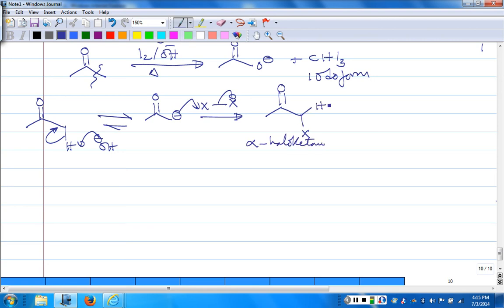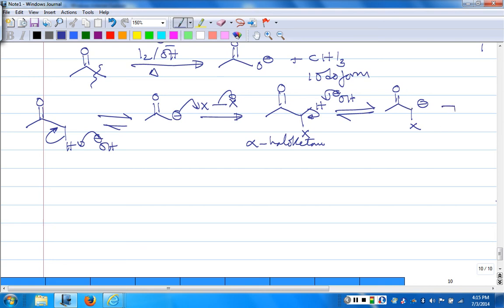But the alpha halo ketone is actually more acidic than the parent ketone, because I now have the advantage of induction by the halogen. Well, we're under basic conditions, and so it's not surprising then that this will get deprotonated again, somewhat more easily this time, and more completely, to give rise to the enolate, which again is stabilized by resonance and now by induction.